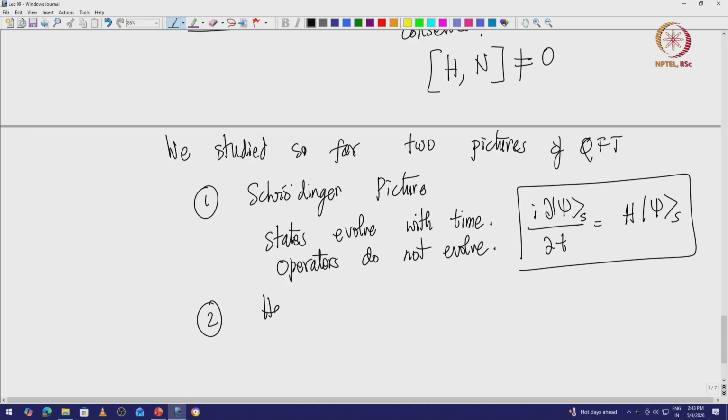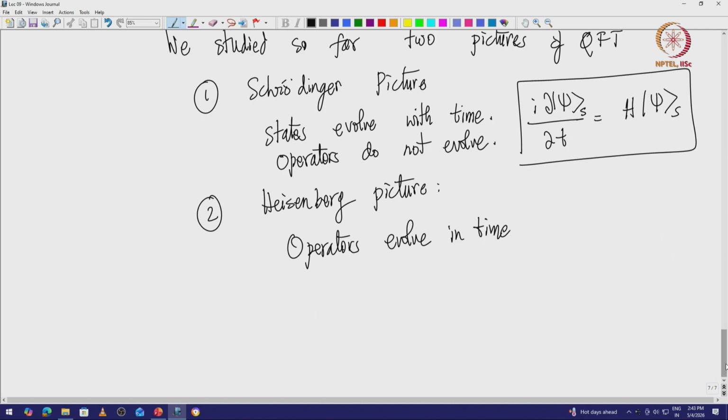In the Heisenberg picture, operators evolve in time and states remain constant.